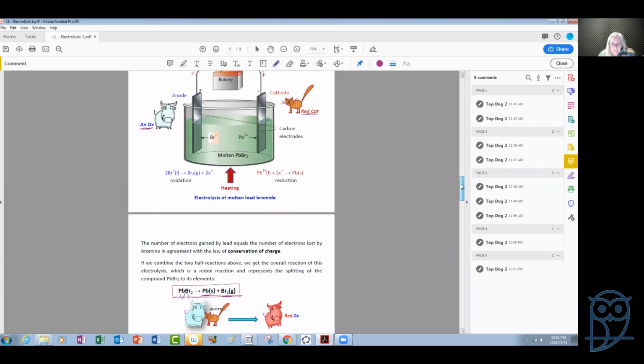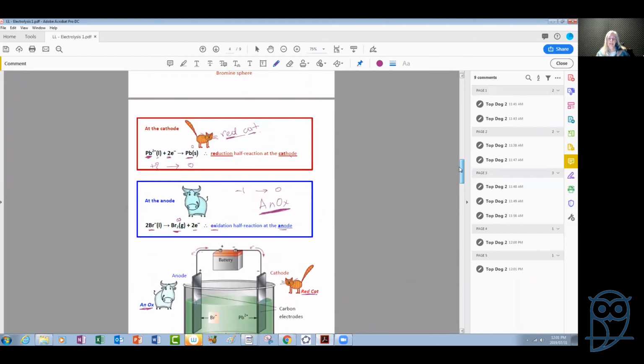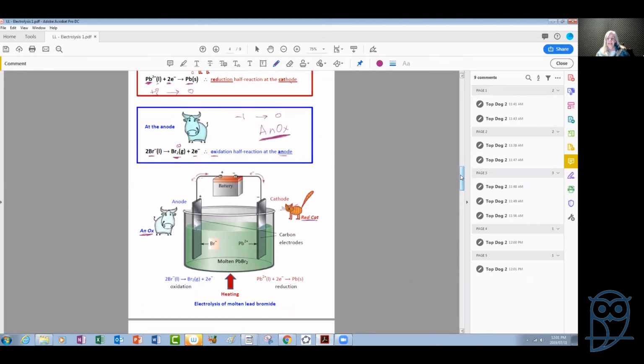What we've seen today is what happens when we electrolyze a molten ionic compound. Next week, we're going to see what happens when we electrolyze an aqueous solution, and the role of the water. Here there was no water.